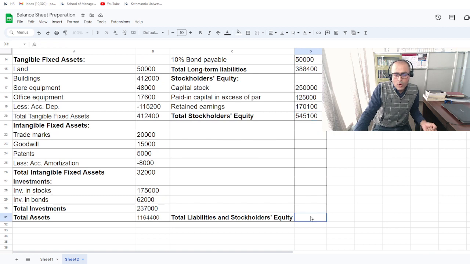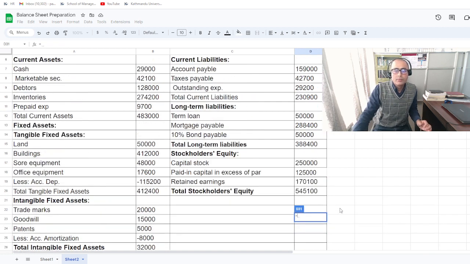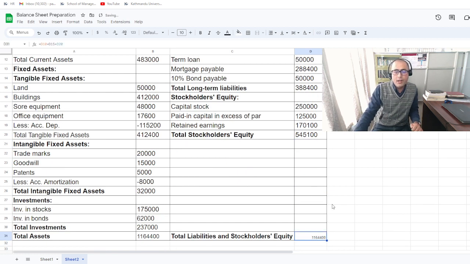Now the total liabilities and equity is the current liabilities plus long-term liabilities, then the equity part. As I explained in the beginning, your assets must equal the liabilities and equity. If both values are not the same, you have to revisit your calculation, friends.